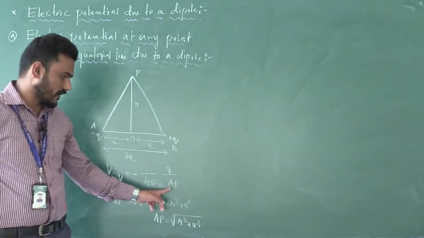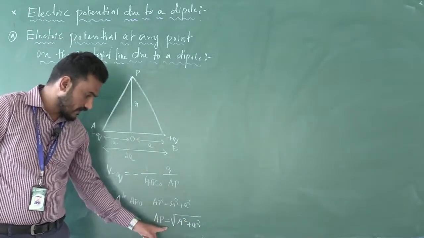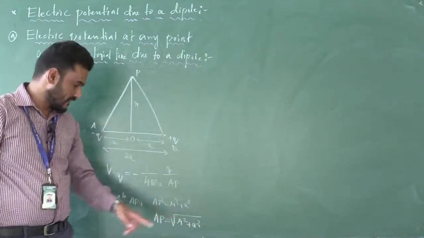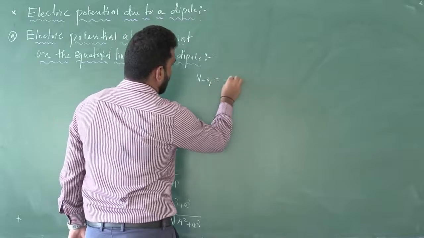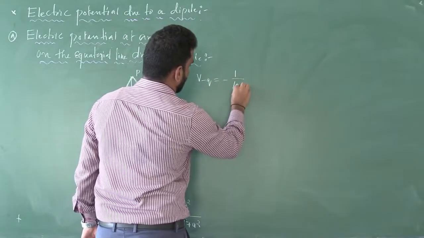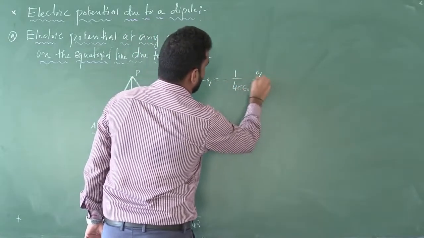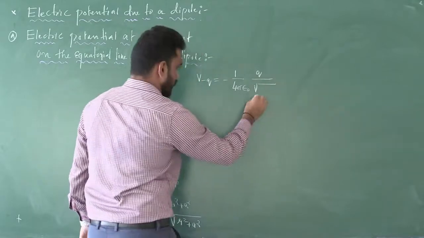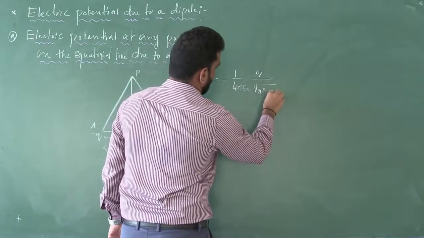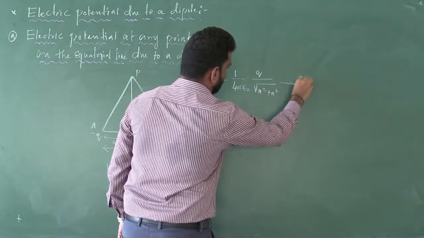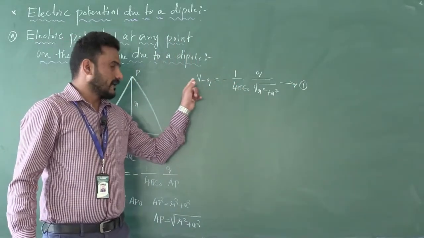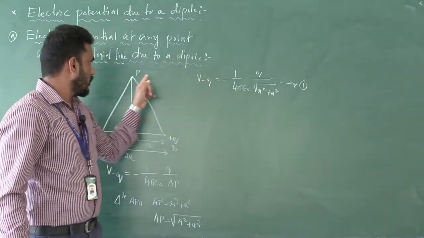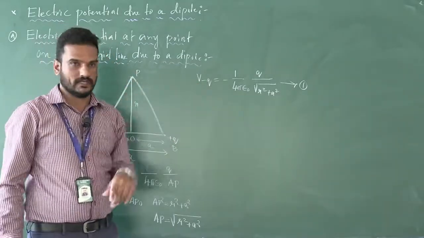So in the place of AP, we write root of r square plus a square. Then V minus Q is equal to minus 1 over 4 pi epsilon naught Q divided by root of r square plus a square. Equation number 1. So equation number 1 gives the electric potential at the point P due to the negative charge.